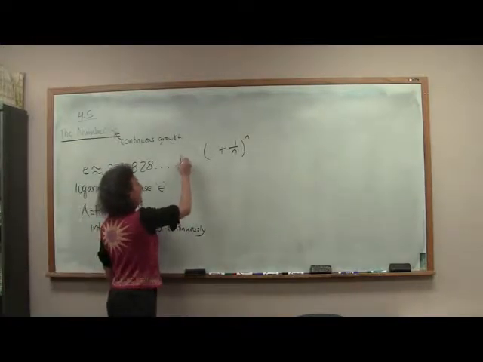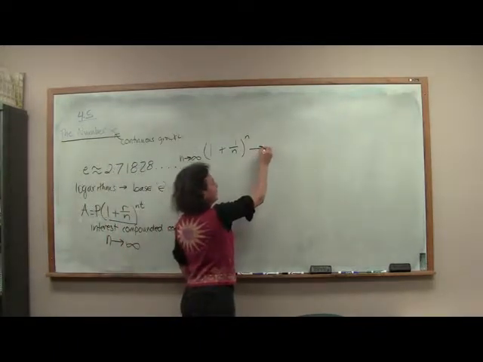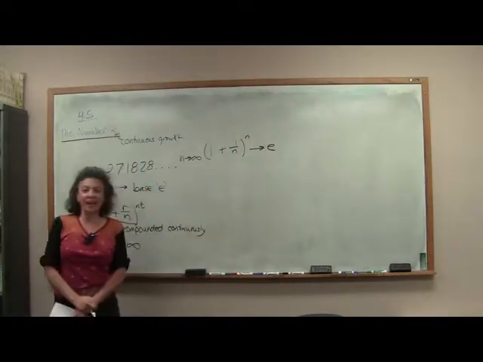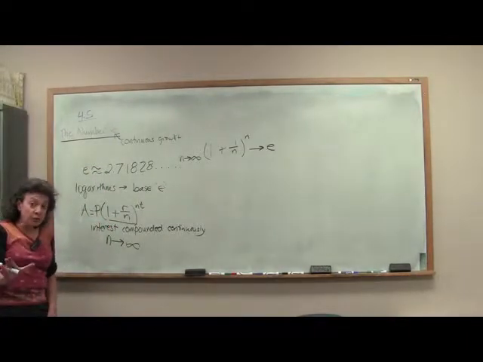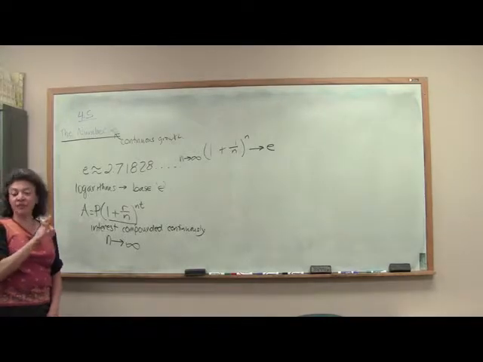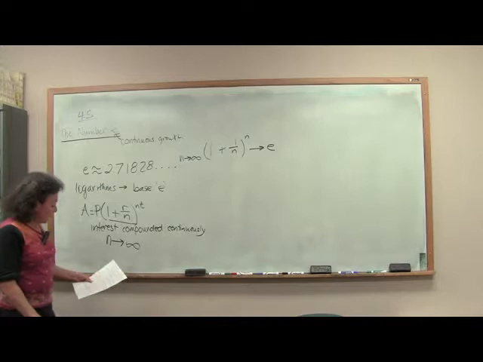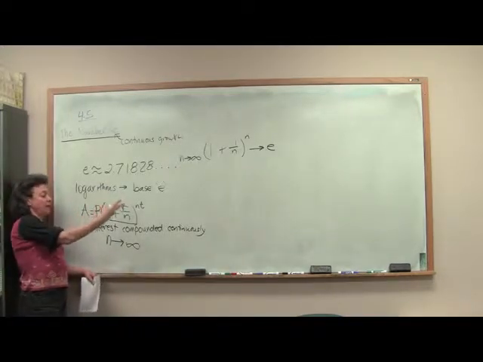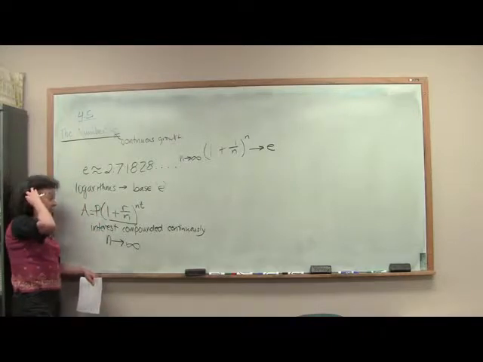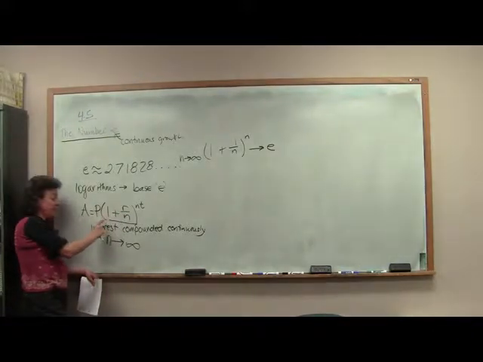If we let N go to infinity, it turns out that this quantity actually goes to the number E. Okay? You don't need to know the whys or the wherefores. This is actually something that's proved in calculus. Okay? But what this gives us is a way to compound interest, what we say continuously. So the 1 plus 1 over N, it turns out is E.